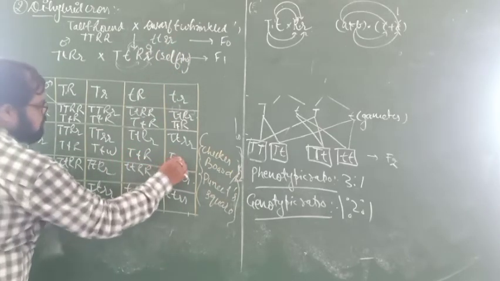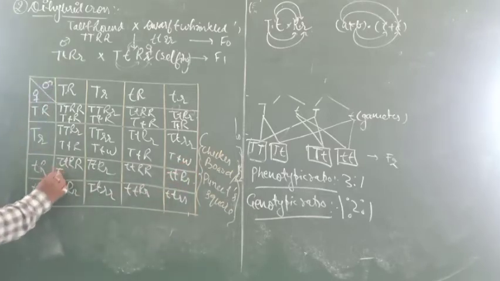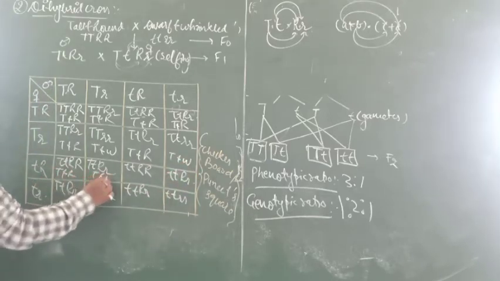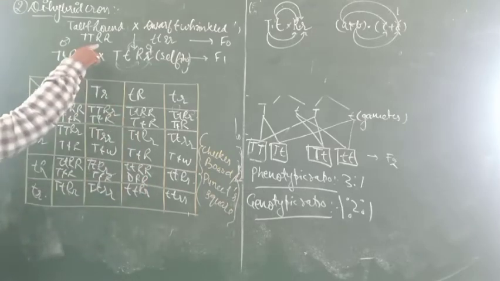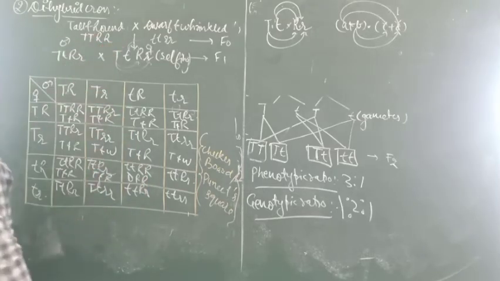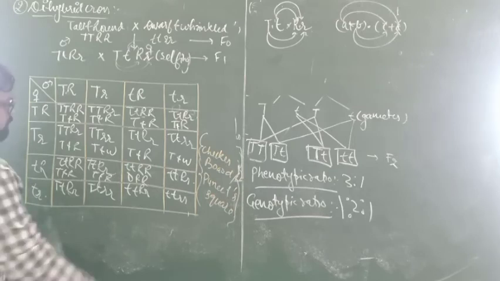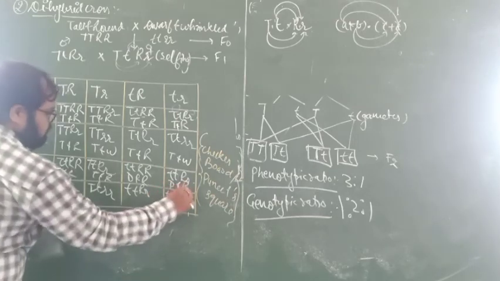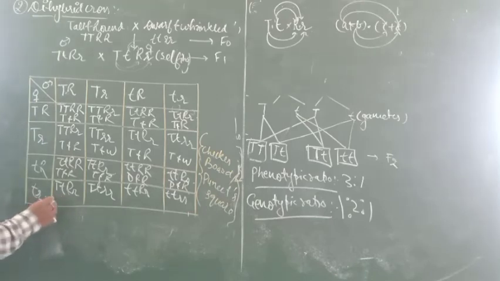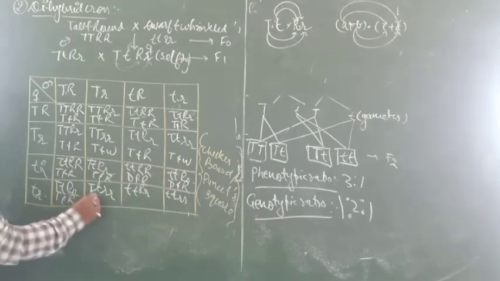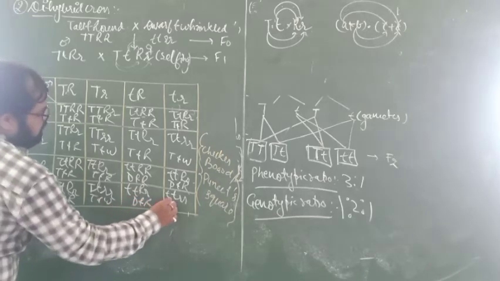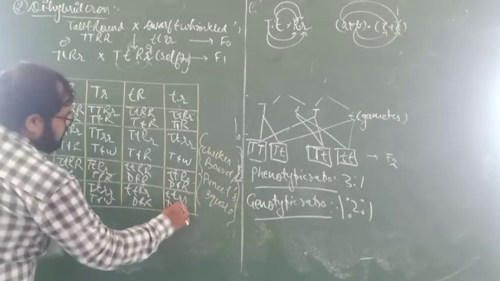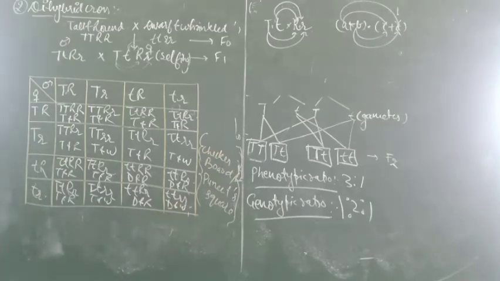Tall and round, tall and wrinkled, tall and round, dwarf and round, because R is for round and small t for dwarf. Tall and round, tall and wrinkled, dwarf and round, dwarf and wrinkled. So here we will obtain the F2 generation.